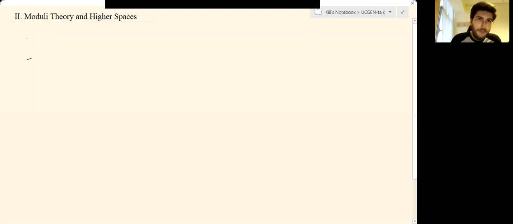Very roughly, informally speaking, this is a problem of constructing a classifying space for objects up to their intrinsic symmetries. So the slogan is, this is about classification of objects.